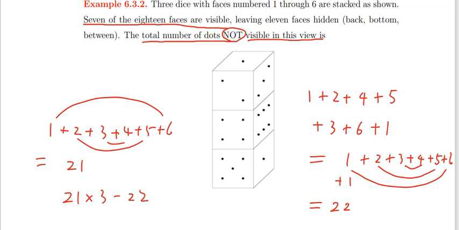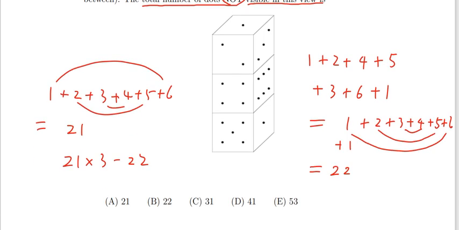That equals 21 multiplied by 2 minus 1. So the answer is 42 minus 1, which is 41.